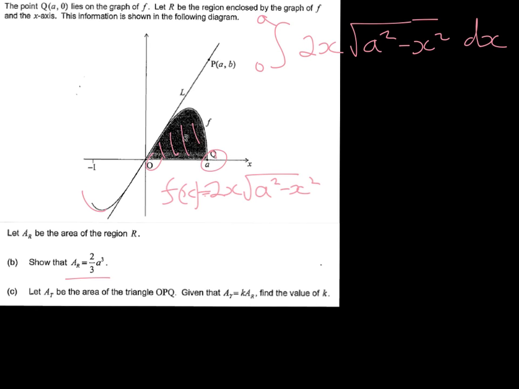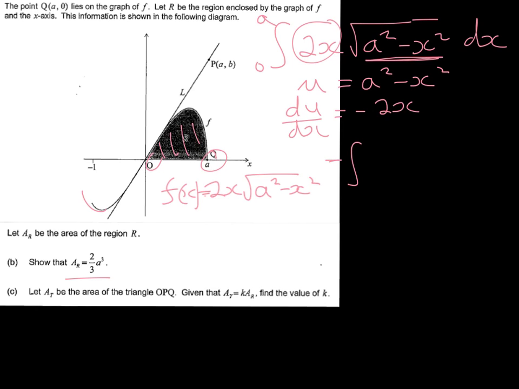So let's have a look if we get rid of this nasty expression here by writing u is equal to a² − x². Now, when we differentiate that, we get du/dx equal to −2x, which we can see is pretty much the same as what we've got here. So we can write this as negative, because we've got a negative here as opposed to exactly 2x.